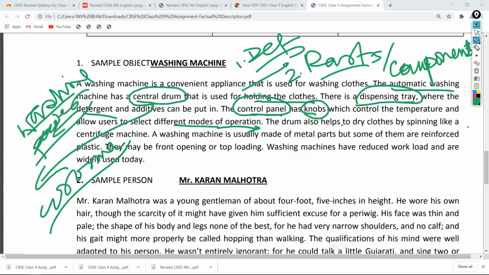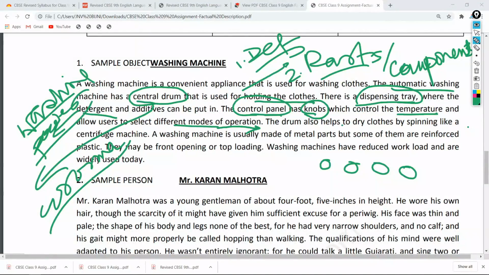In a similar manner, in a washing machine also there is a control panel, and there will be many knobs. This actually controls the temperature first, and it allows different modes of operation.